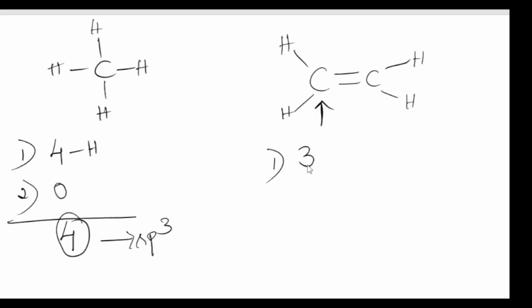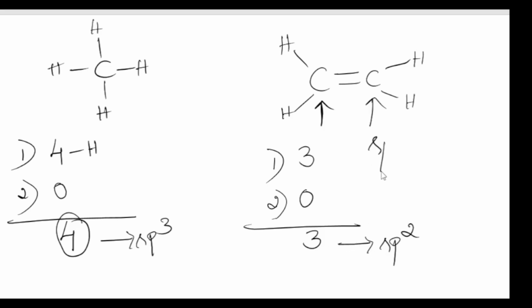Total 3 atoms it is attached to. Any lone pairs? No, 0 lone pairs. If we add both of these, it will become 3. If 3 is there, it is sp2 hybridization. The same thing will happen in this case also. This will also come sp2 hybridization.